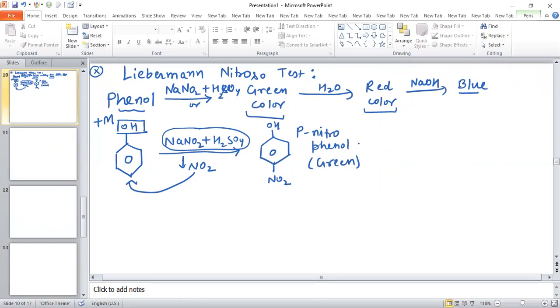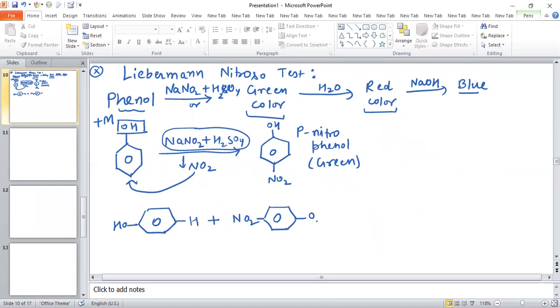Now this para-nitrophenol reacts with phenol. Again phenol is there in the solution, with respect to this OH, this having hydrogen, this having hydrogen. Now what happens? See, NO2 will react, this NO2.